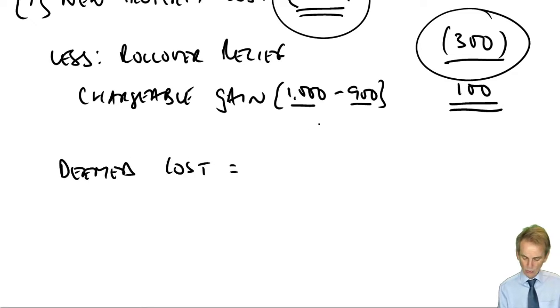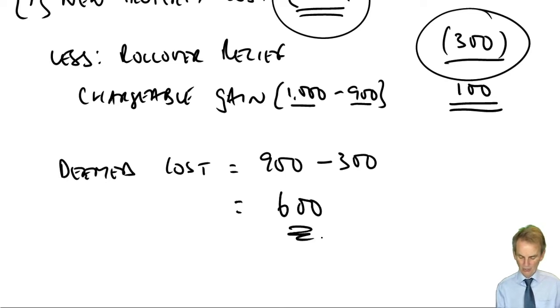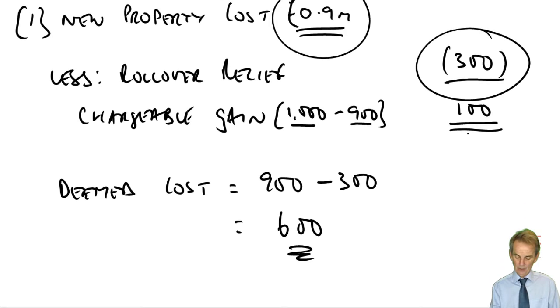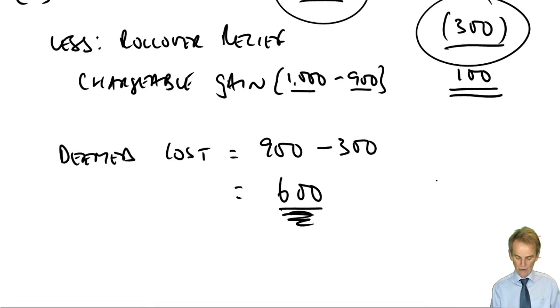What is the actual cost? It's £900,000 minus what is the rollover relief? It is 300, equals £600,000. Here you bought for 900,000. The rollover is 300, therefore allowable cost 600.